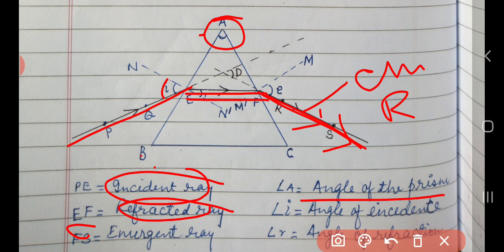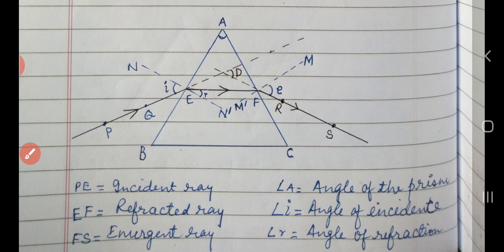This is the angle of incidence, and r is the angle of refraction, the angle between the normal and the refracted ray. Next, this is the angle of emergence, and this one is the angle of deviation.